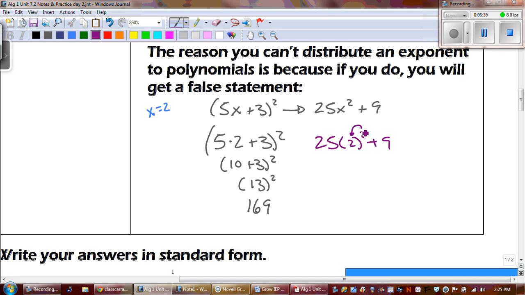Okay, well, we have to do exponents first. 2 squared is 4. 25 times 4 is 100. And 100 plus 9 is 109. And guys, last time I checked, those aren't equal. Okay? That's why we cannot distribute. We have to do the 5x plus 3 times 5x plus 3.